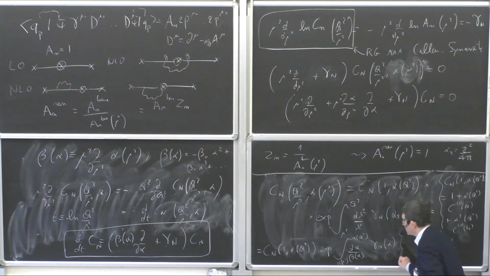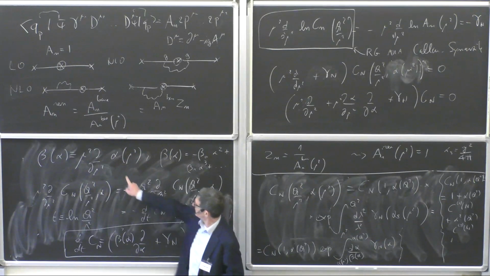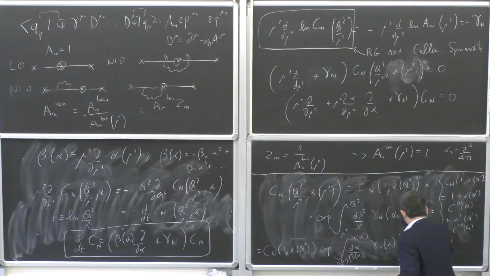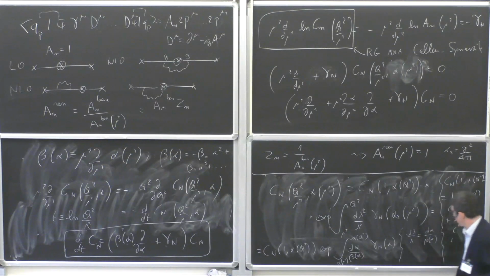By using the definition of the beta function, which is up here, I noticed that d lambda over lambda is equal to d alpha over beta of alpha. So I can think of the beta function as the Jacobian of the transformation that trades the scale dependence with the scale dependence of the coupling.